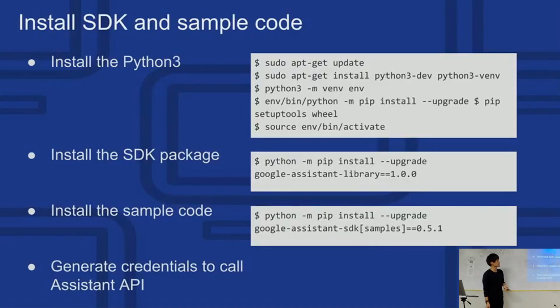So next step is to install the SDK and install the sample code. So go to your Raspberry Pi and install Python 3, install the Google Assistant SDK package, and install the sample code.